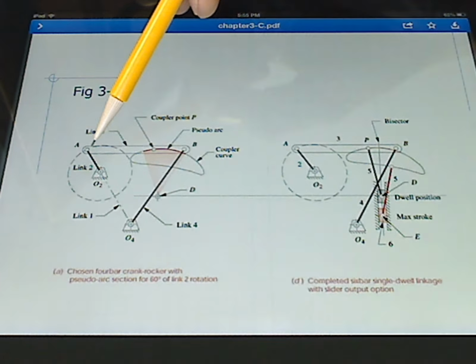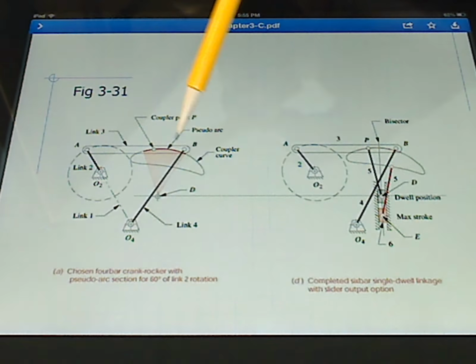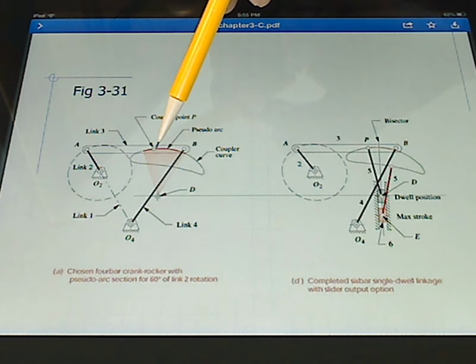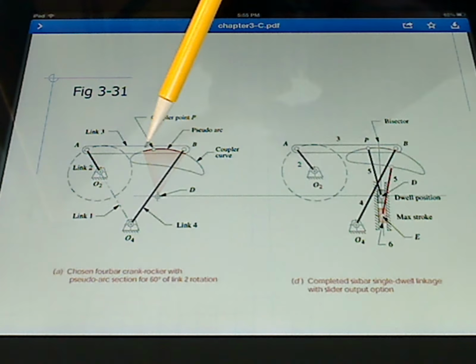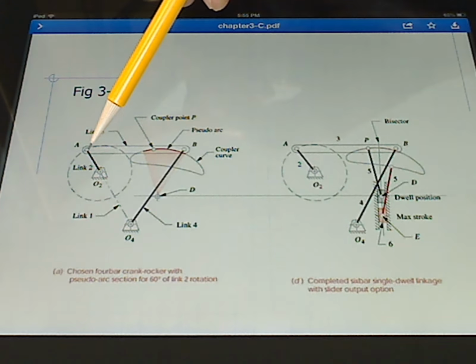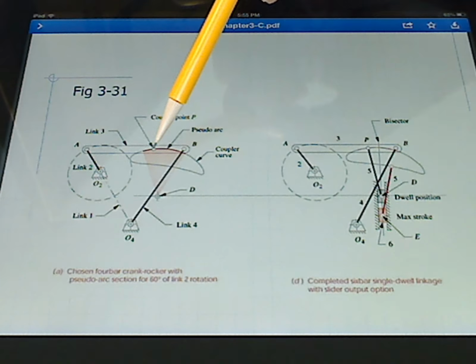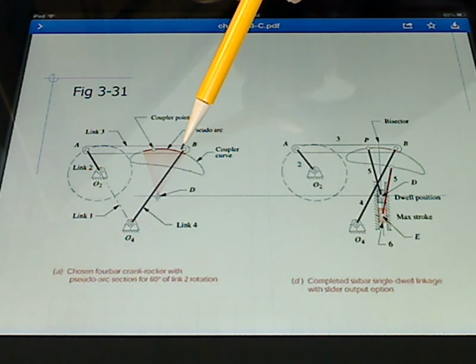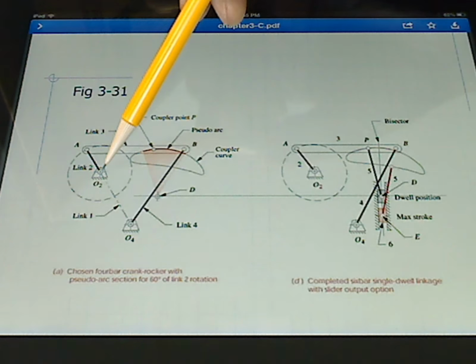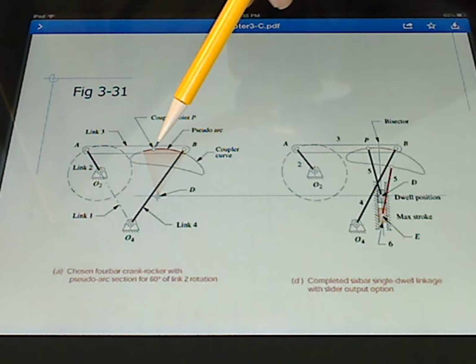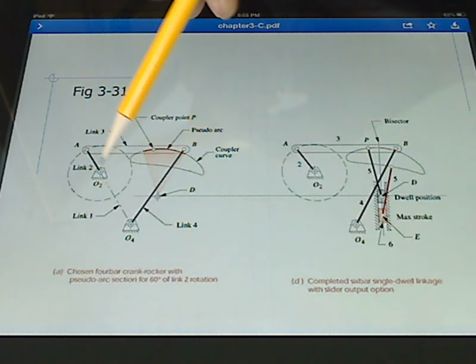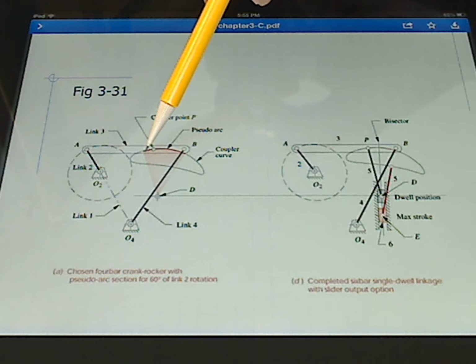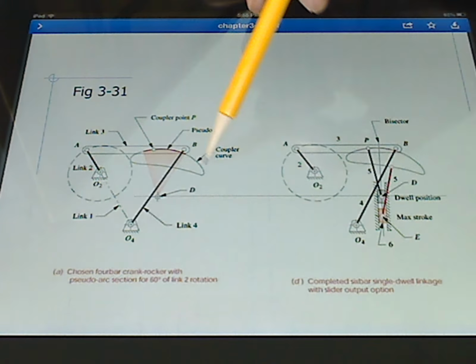So for example, in this first case, your coupler point is getting close to leaving the circumference of the circle. If you were to take this crank and move it back here, you'd find that this coupler point P would be moving along the circle. Perhaps at theta 2 equals 90 degrees, the coupler point would be at this edge, and then at theta equals maybe 135 degrees, you're nearing the end of the circular portion, and you're going to follow this path to come back around.